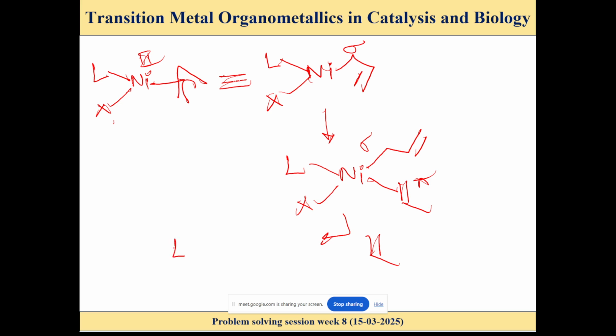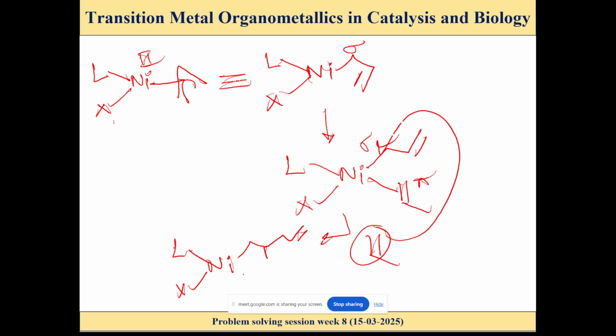So L Ni will be nickel and X. Now let's say at this sigma bond there will be an insertion, insertion here, so then it will look something like this, and the other portion remains the same. Now this will be eliminated from the reaction to give the corresponding active catalyst.